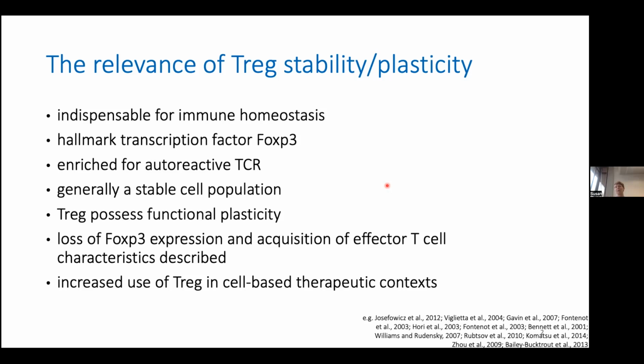A certain demethylation profile has to be there, and I'll get to these details during my presentation. However, besides that functional stability of the immunosuppressive functions, Treg also possess functional plasticity.